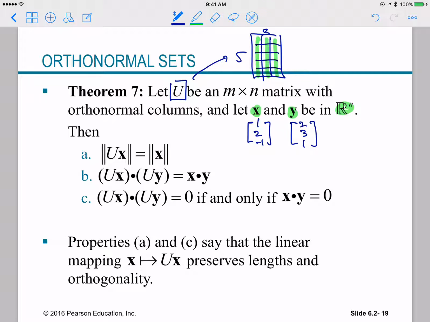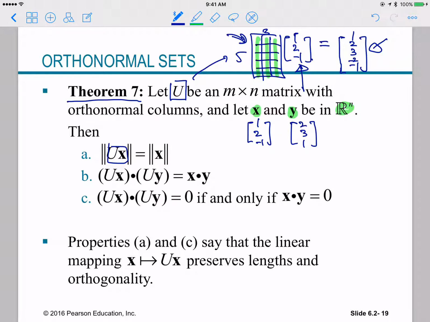In this case, theorem 7 says: take U times x, which means U times (1, 2, -1). First of all, what will be the dimension of the resulting matrix-vector product? R^5, right? Suppose that vector was (1, 2, 3, -2, -1), for example. So this is the result of the product of this orthonormal matrix and the original vector.